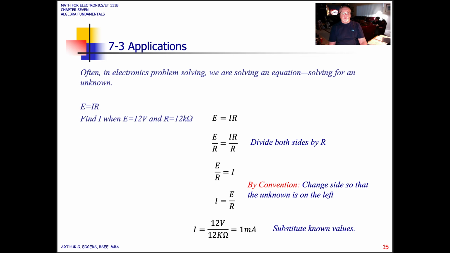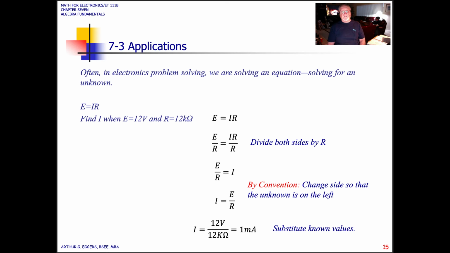Very simply, you can move the values from one side to the other so that now I have I equals E over R. So doing that, the last step then is take the 12 volts, put it in the numerator, take the 12K, put it in the denominator, and solve.